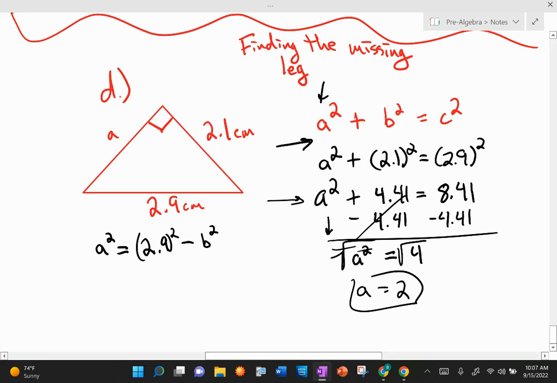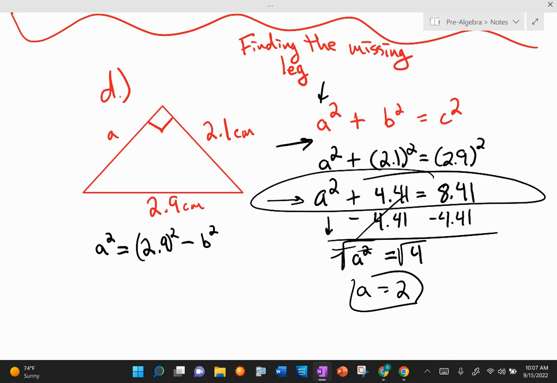Now, we did a little bit of some solving equation stuff. If you're working away from a variable, you've got to undo whatever is happening to the variable. So at that step right there, I would love for you to be looking at the screen.